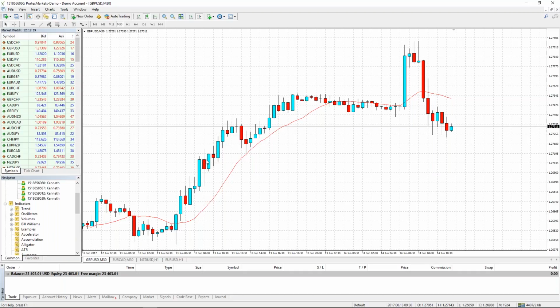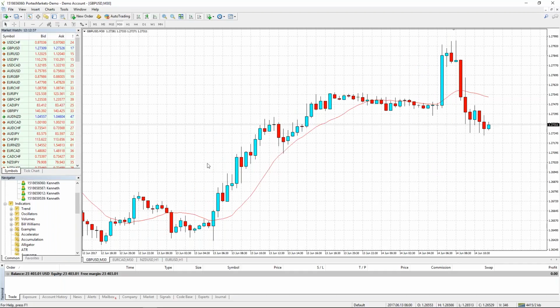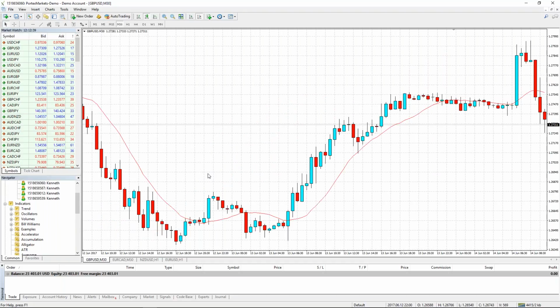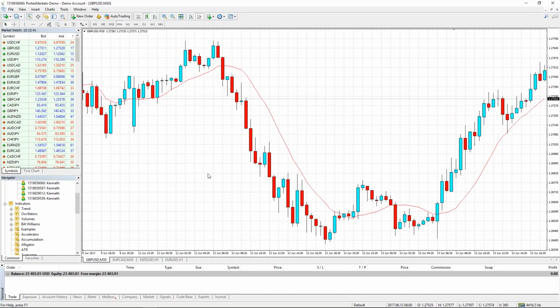What we also have is doji candles. Now, doji candles are really where the price during that period has opened and closed at the same or very near to the same price. So there's next to no body. If I just have a look, I'm sure we can find a few.